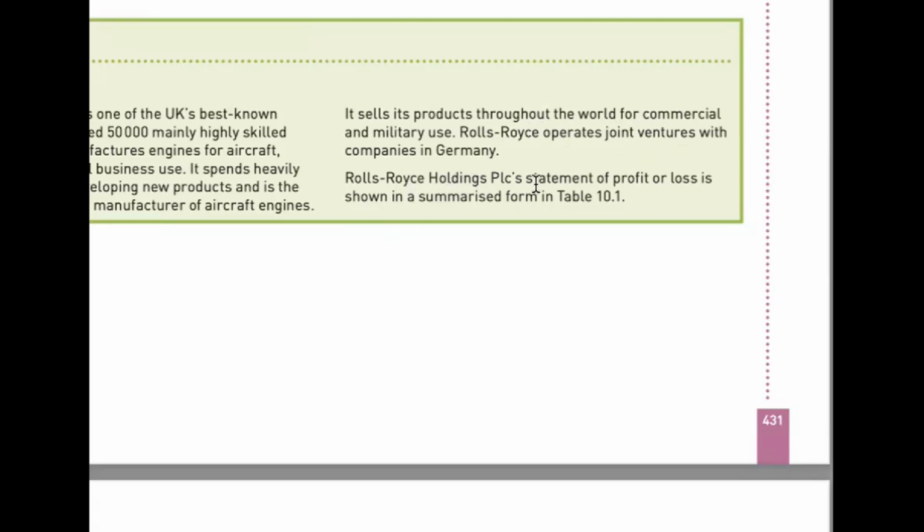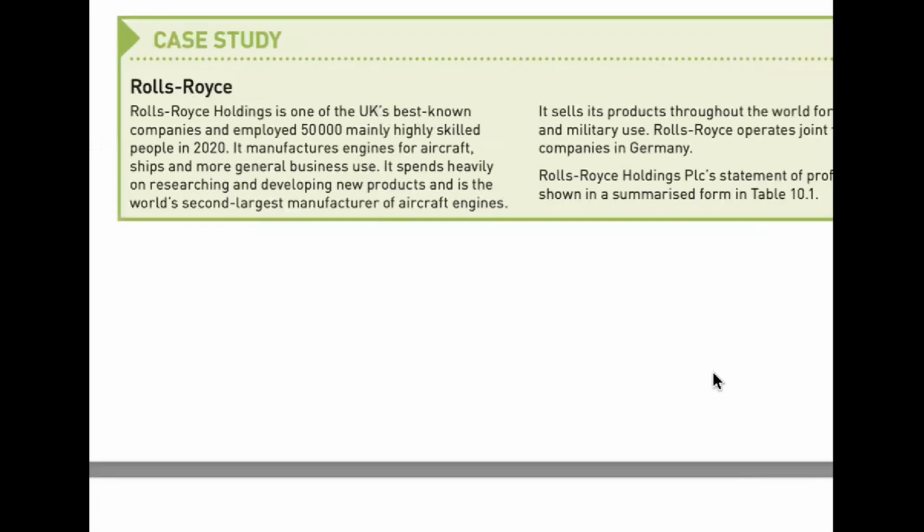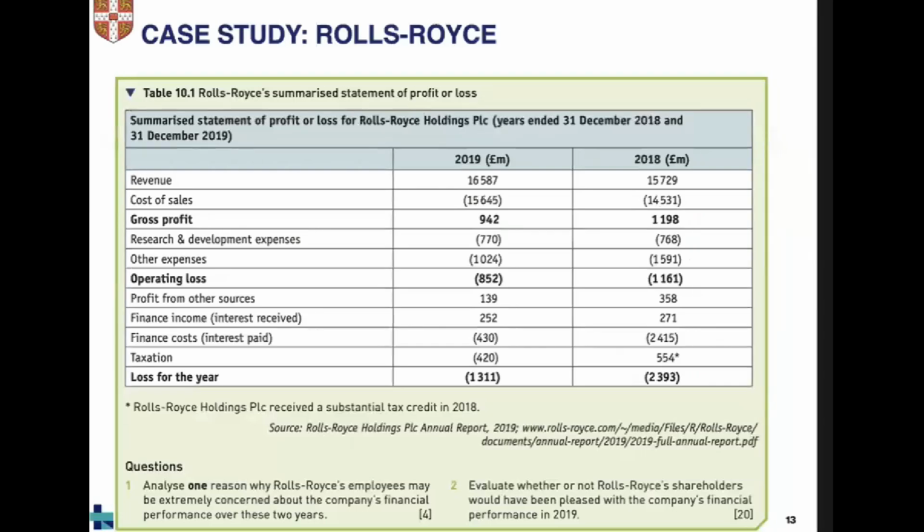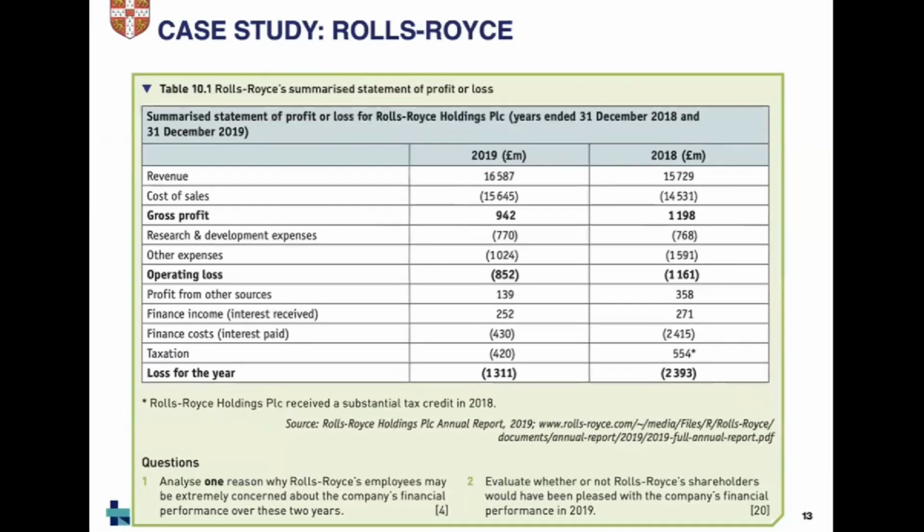Rolls-Royce Holdings PLC statement of profit or loss is shown in summarized form in table 10.1. All right, so let me go back to the slides. I have the table on the slide. Yes. So this is Rolls-Royce statement of profit or loss. Like I said, we will begin always with revenue.